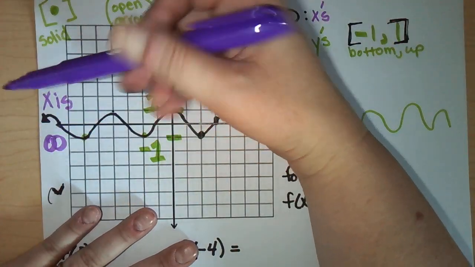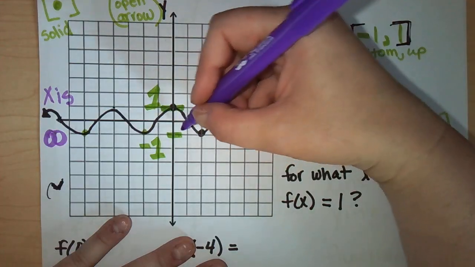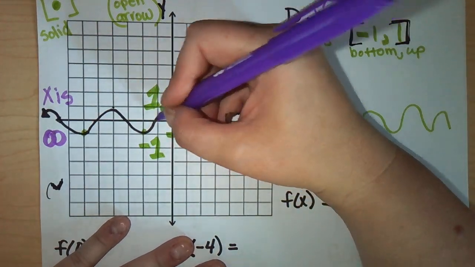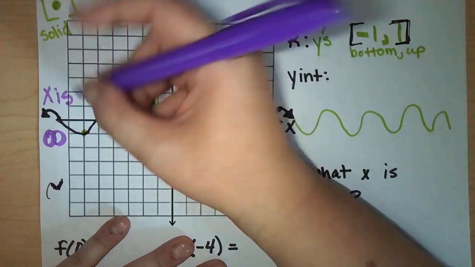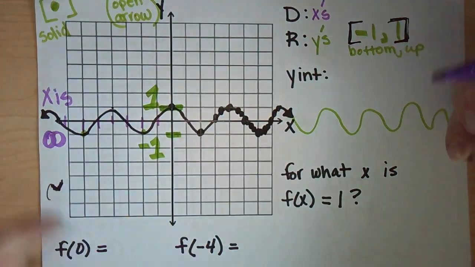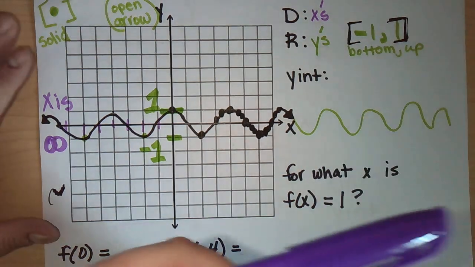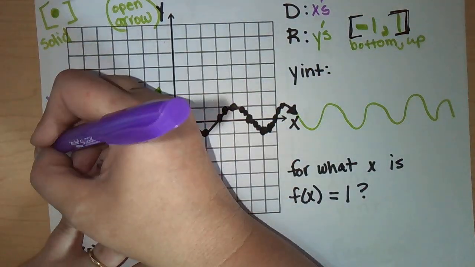Arrows mean infinity for sure. But what are the x's as we go left to get to that infinity? They are negative, -2, -3, -4, -5. So anyway, this infinity is actually going to go all the way to negative infinity.